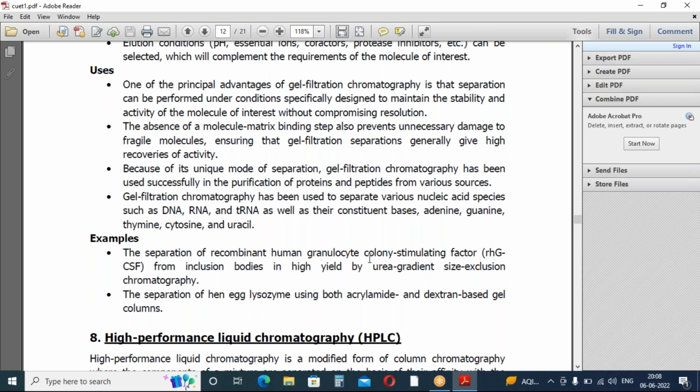For example, enzyme is there, substrate is there. The substrate is mainly occupying the stationary phase, whereas the enzyme is present in the mobile phase. Then the enzyme binds with the substrate, forming the enzyme substrate complex.